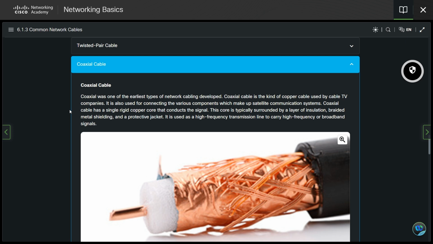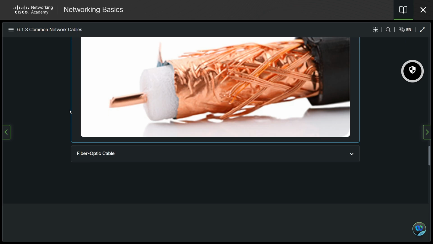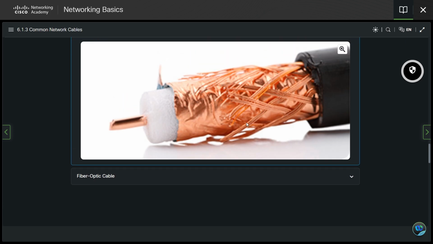This core is typically surrounded by a layer of insulation, braided metal shielding, and a protective jacket. It is used as a high-frequency transmission line to carry high-frequency or broadband signals. The image shows the coaxial cable.